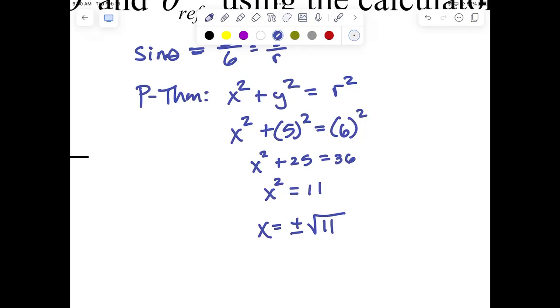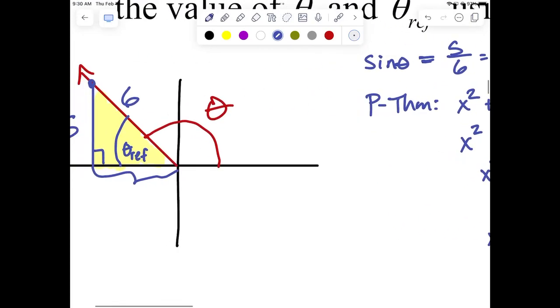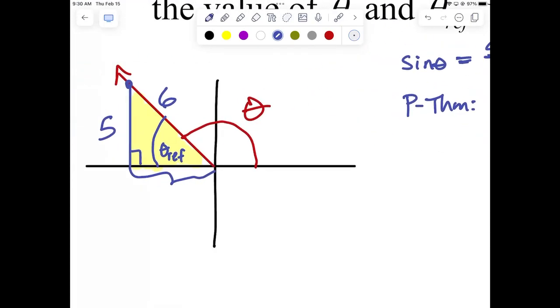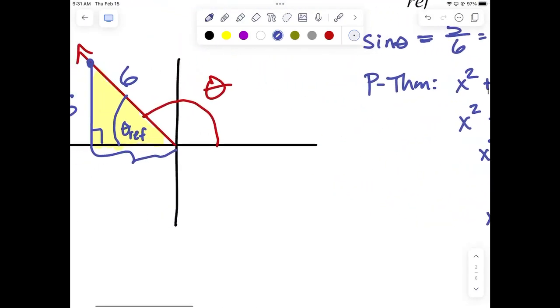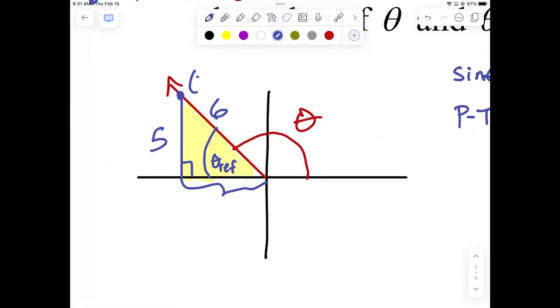But guess what? On the coordinate plane, we can have negative lengths because the negative just tells us the direction, not the size. So once we do plus or minus, I need to figure out which one I want based upon the quadrant I live in. To get to this point x, y, I have to go from the origin. I have to go left, don't I?